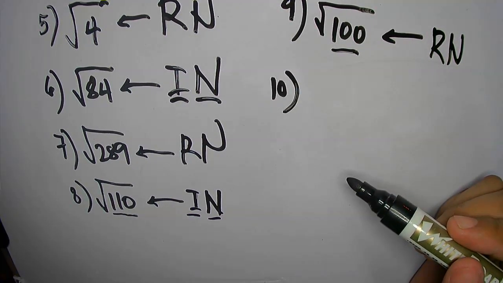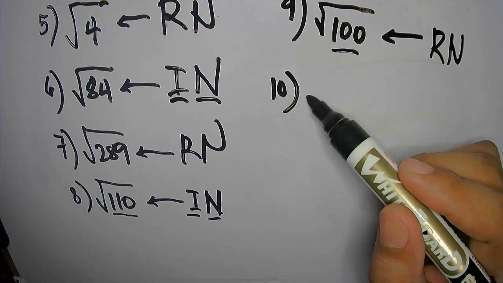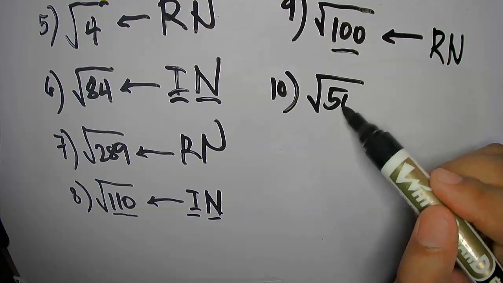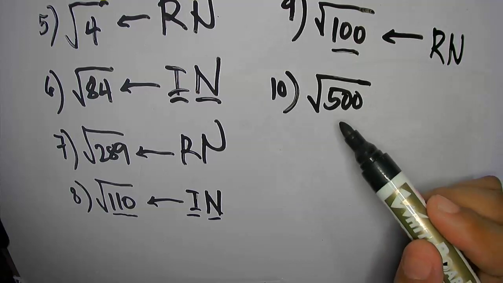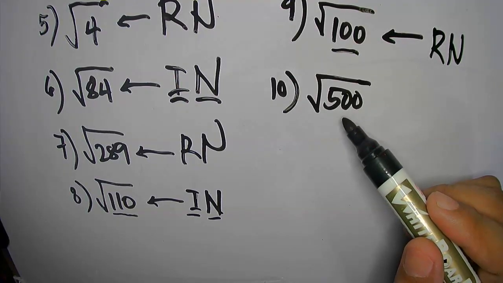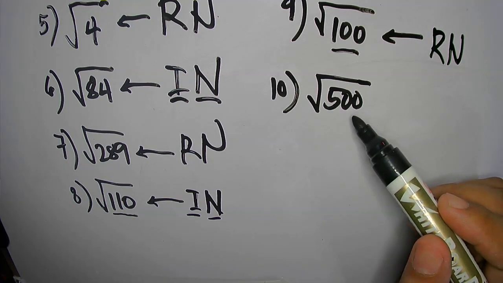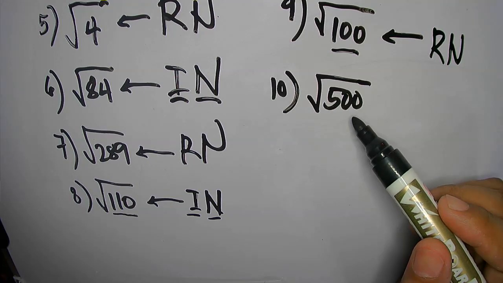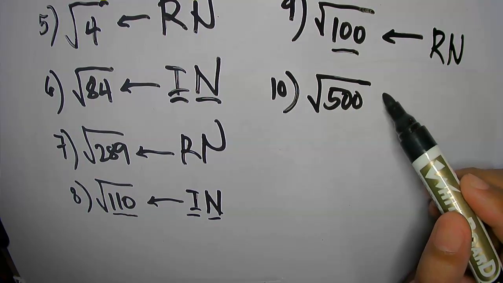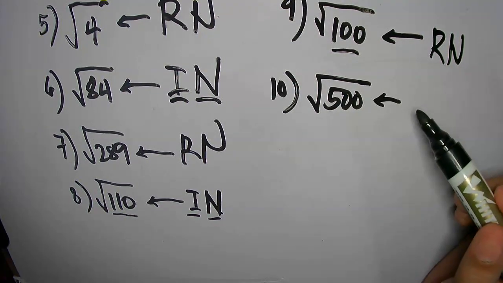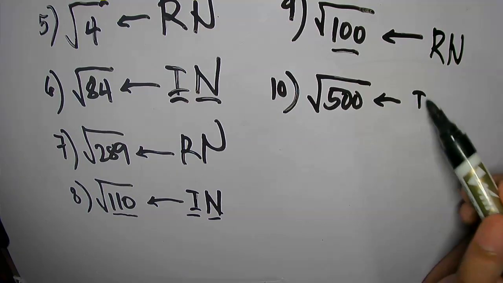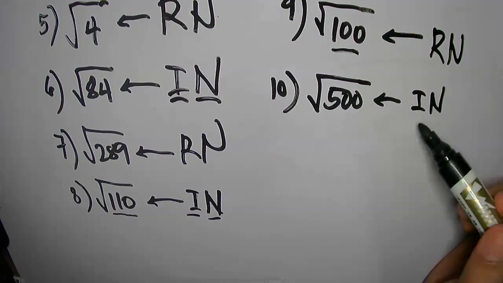Ang number 10 natin ay square root of 500. Yung 500 ba galing sa dalawang number na magkapareho na pag minultiply natin, ang sagot niya ay 500? Meron ba? Okay, so wala. Kaya mabibilang natin siya sa irrational number.